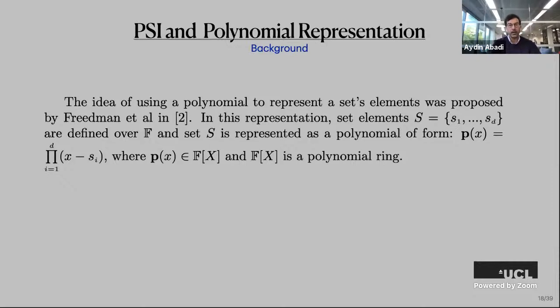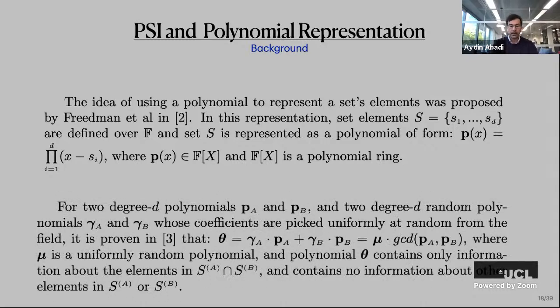In this slide, P of X is a polynomial of such a structure, where the s_i are the elements of the set. So as you can see, after we construct the polynomial this way, the roots of the polynomial P are the elements of the set.